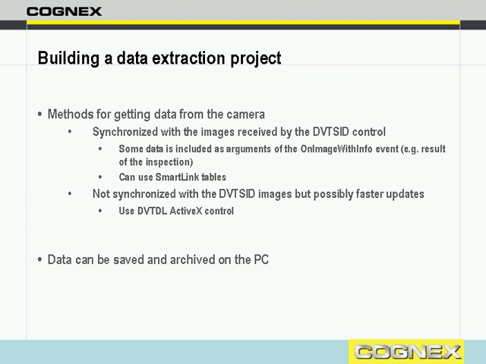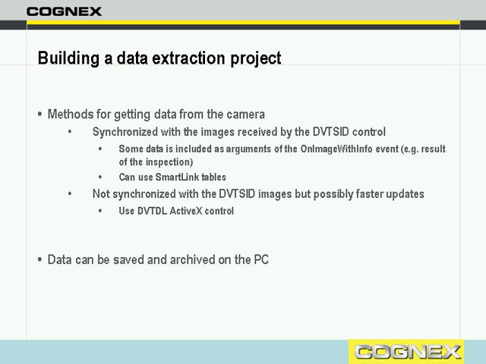The way you could do that is the onImage with info event includes the image ID, as I mentioned before, and you can also add that image ID to the data link string. So in a way, you can use that image ID to synchronize the images you're getting from the DVT SID control and the data you're getting from the DVT DL.